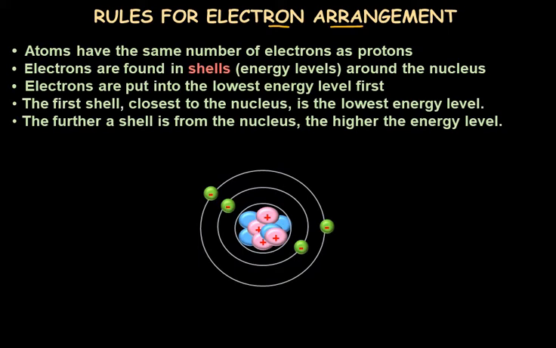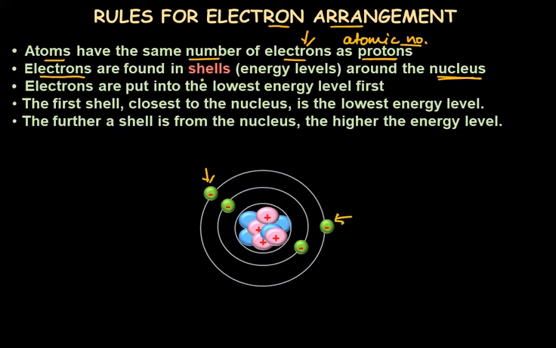Now, as we know, atoms have the same number of electrons as protons. And the number of protons is denoted by the atomic number given for an element in the periodic table. So the atomic number also gives us the number of protons present in an atom. So where are these electrons present? We have already seen that protons and neutrons are present inside the nucleus and electrons are arranged around the nucleus, as we can see here.